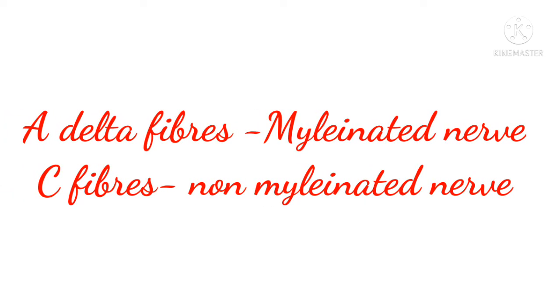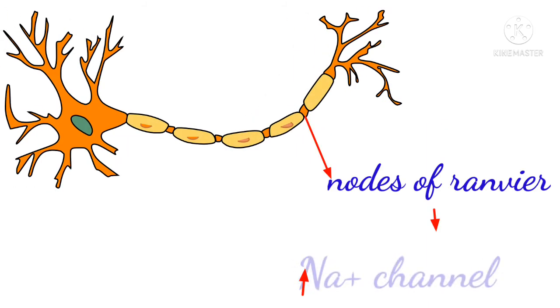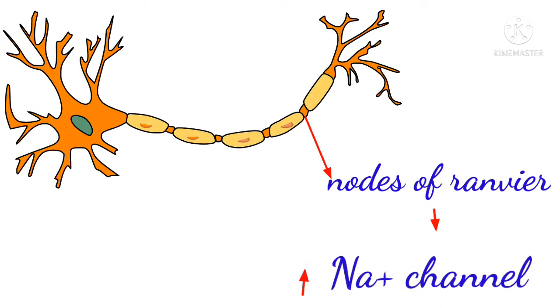The fastest conduction of impulses occurs in the A delta fibers, which are myelinated, and the slowest conduction occurs in the C fibers, which are non-myelinated. In the myelinated nerves, there are nodes of Ranvier. In these nodes of Ranvier, we have a huge number of sodium gated voltage channels.